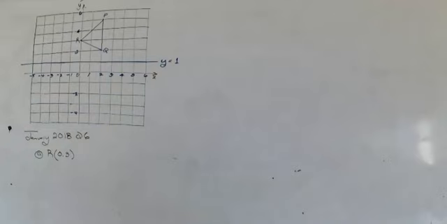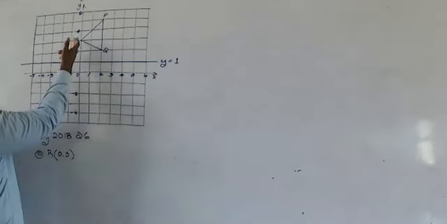Please note, one point about a reflection is that the object and the image are the same distance from the mirror line on either side of the mirror line. How far is R from the mirror line?